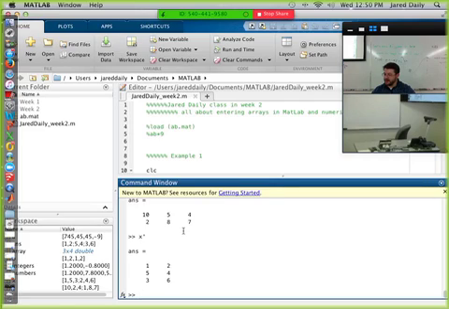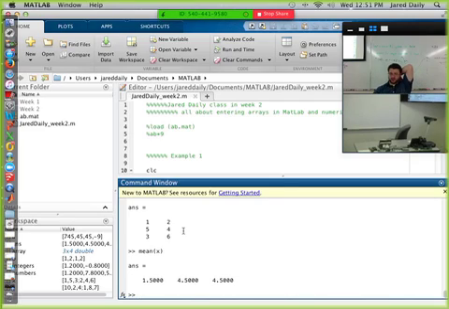Let's talk about mean, median, and mode. The mean of a group of numbers is essentially the average. If I take the mean of x, it's going to add all the numbers in the x array together and divide by how many numbers are in there. In this case it does it by rows.